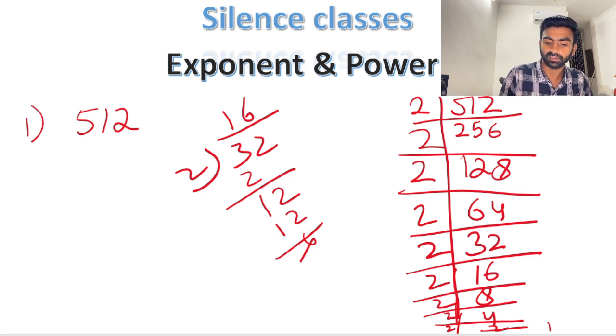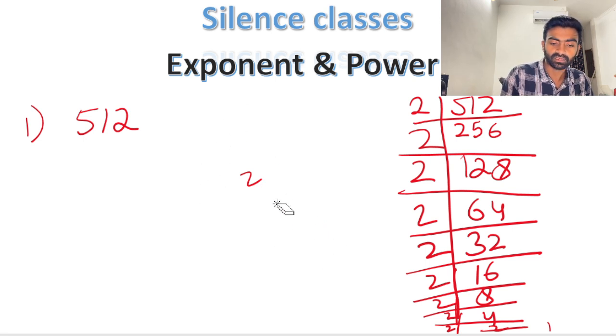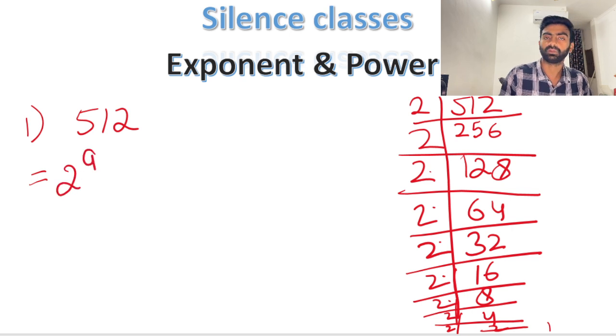Okay, it means we can write down how many times? 1, 2, 3, 4, 5, 6, 7, 8, 9, means 2 to the power 9. 2 to the power 9, and this is the answer.